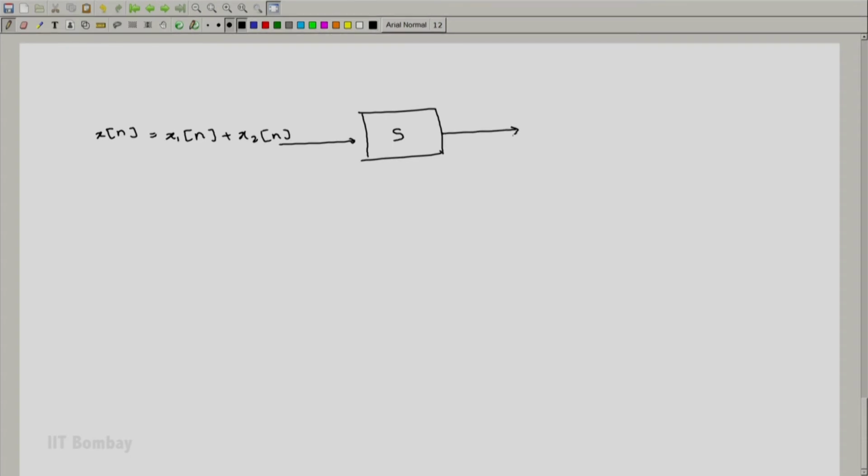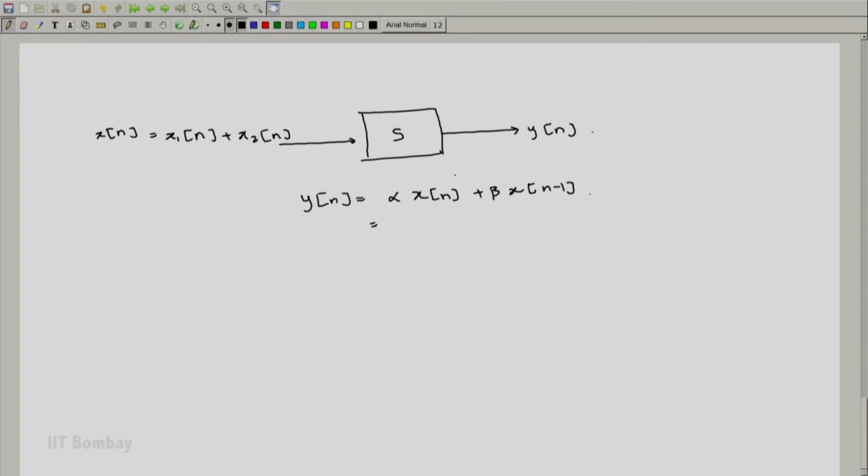Now we want to find out what the tax collected will be for the same interval. So from the previous slide we can see that y of n should be equal to alpha times x of n plus beta times x of n minus 1.